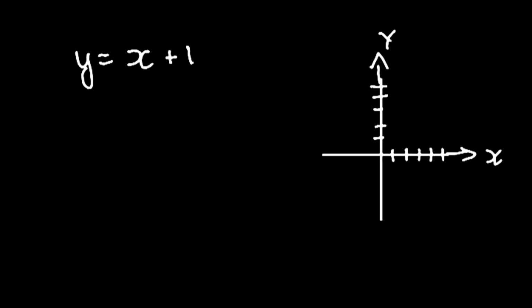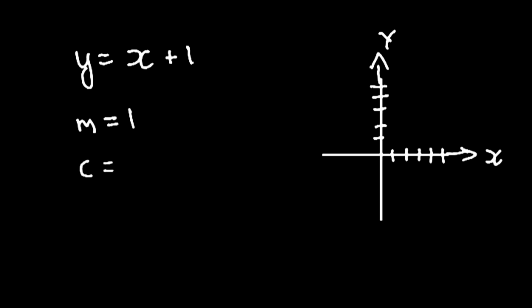Okay, so first we need to figure out what m is. m is the number in front of x, but there's nothing in front of x. When there's nothing in front of x, you can interpret this as m being equal to 1, because 1 is multiplied to x, which doesn't really change it.